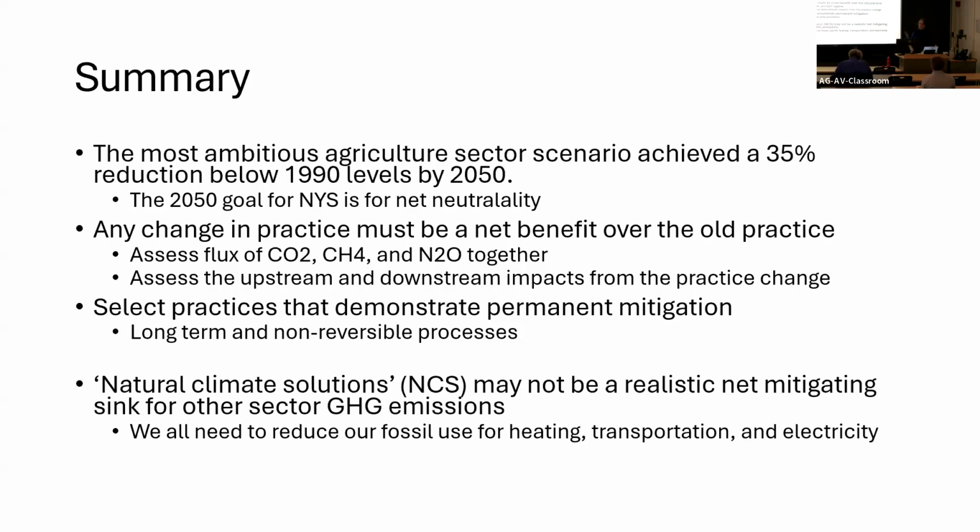I think one of the most important things I would like folks to walk away with is that natural climate solutions might not be a realistic net mitigating sink for other sectors, right? Everybody talks about natural climate solutions as being a solution for solving all of our problems. But as we've demonstrated today, we only foresee a 35% reduction in 1990 levels, and that's with a significant amount of afforestation occurring on 1.6 million acres in the state.